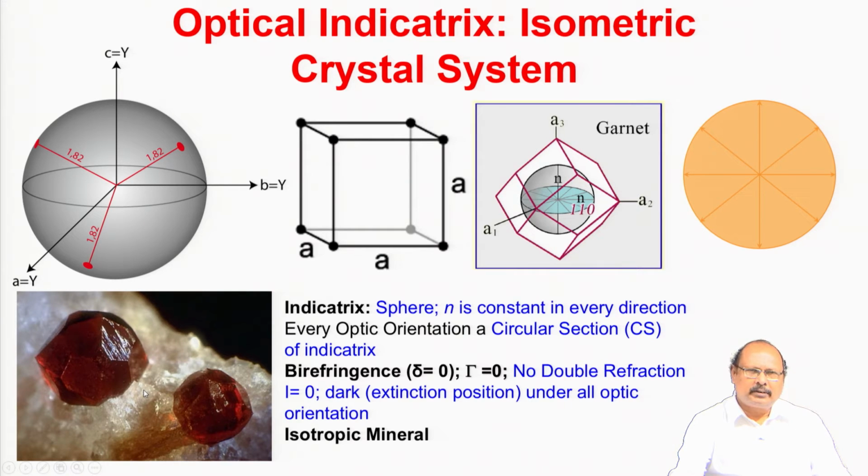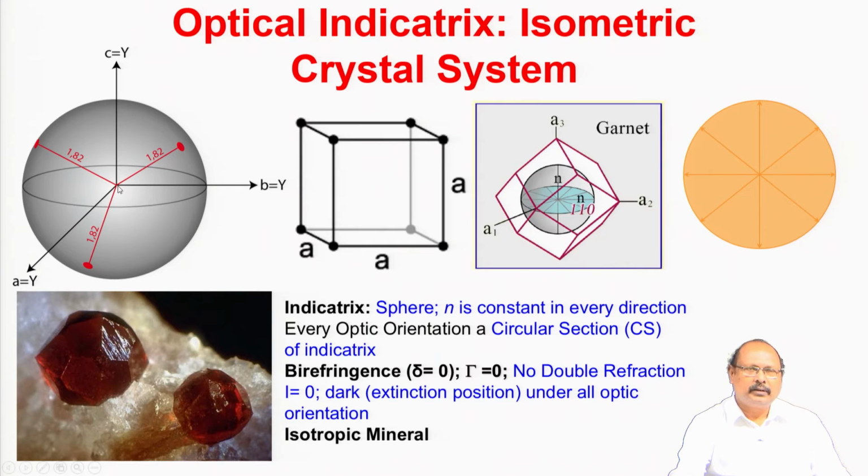The other important aspect is that all the sections which pass through the center of this sphere are circles, so you can immediately imagine that there are innumerable circular sections of the indicatrix possible. So, in all optic orientations, whichever direction you cut this sphere, it will be a circle.